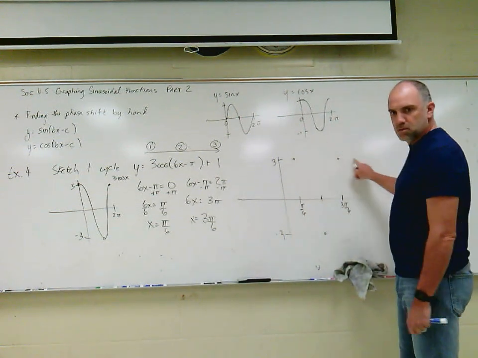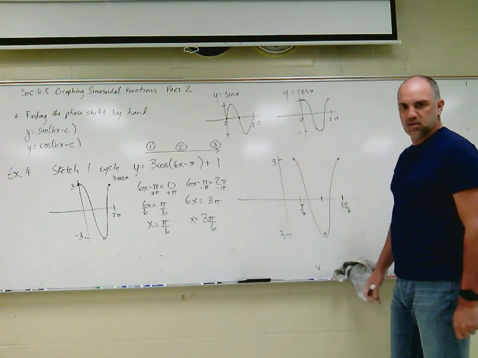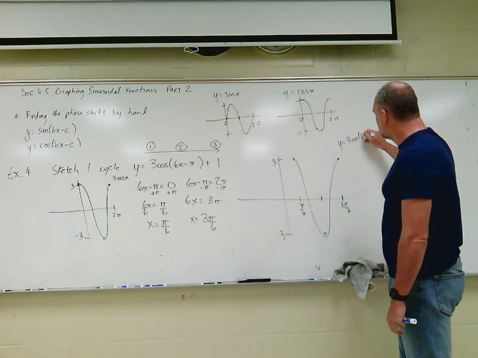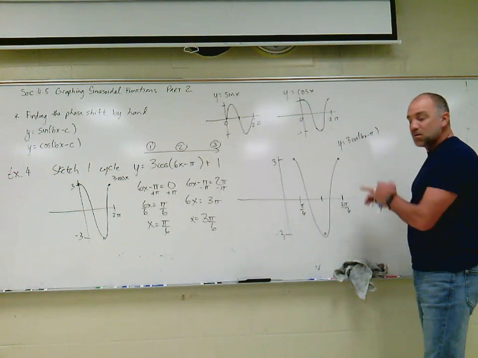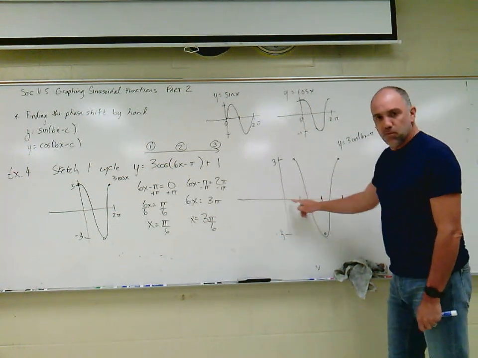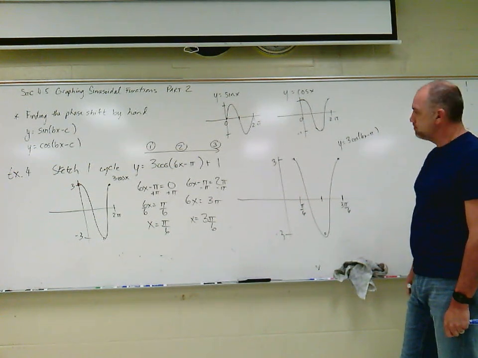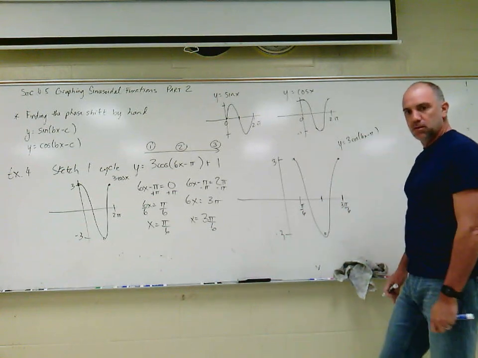Notice I put the 2 ends in the middle, and I draw that. Okay, there's that. So right now I have y equals 3 cosine of 6x minus pi. Notice it moved right, but it didn't move right pi. It only moved right pi over 6 because of this factor of 6 in there. So it smashes the graph and it shortens how far it moves.